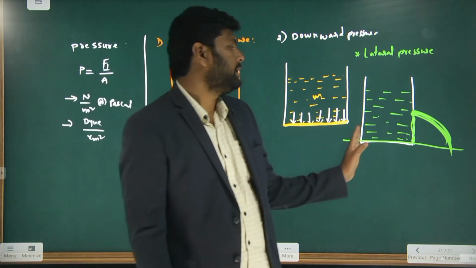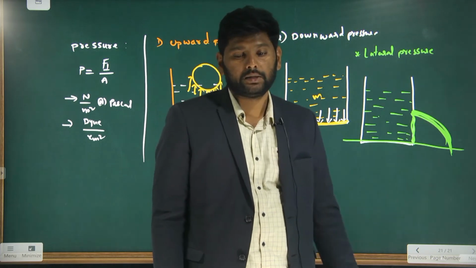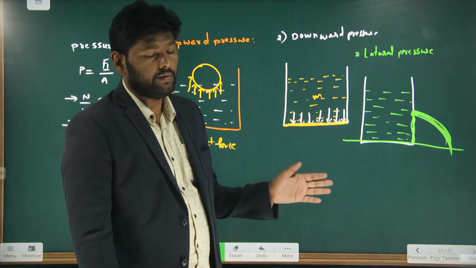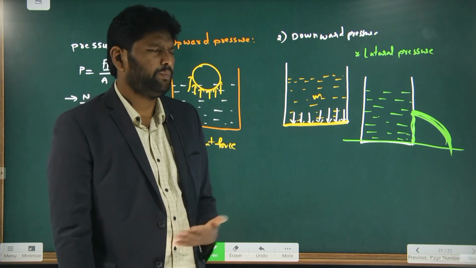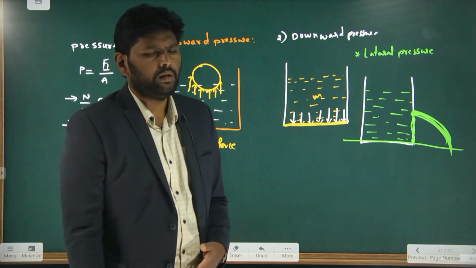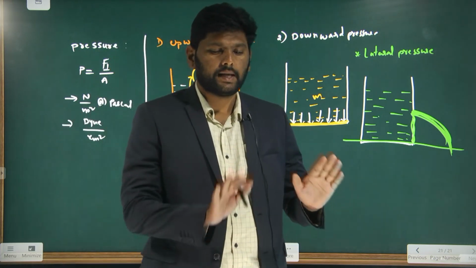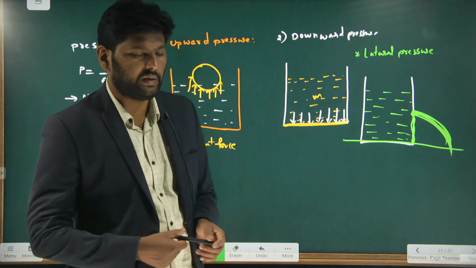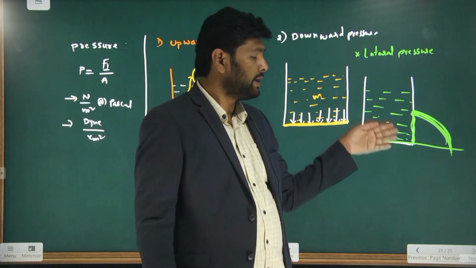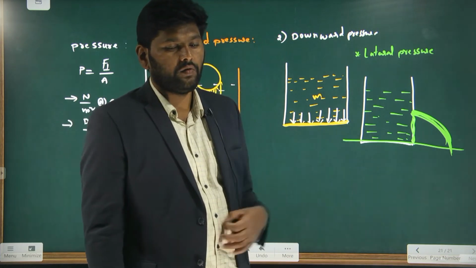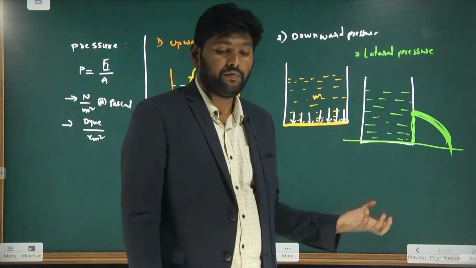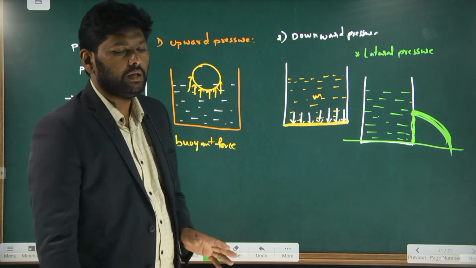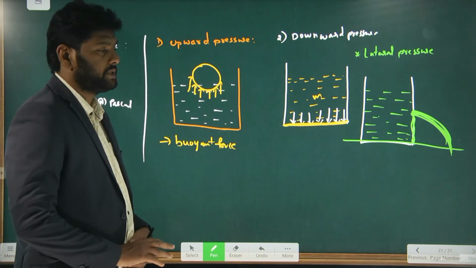Due to that pressure, the liquid hits somewhere else away from the container. What kind of pressure? Lateral pressure. Simply, lateral pressure is nothing but pressure exerted by the liquid on the sides of the container. Pressure exerted by the liquid on the bottom of the container is downward pressure. Pressure exerted by the liquid in the upward direction is upward pressure. So these are the different types of pressures.